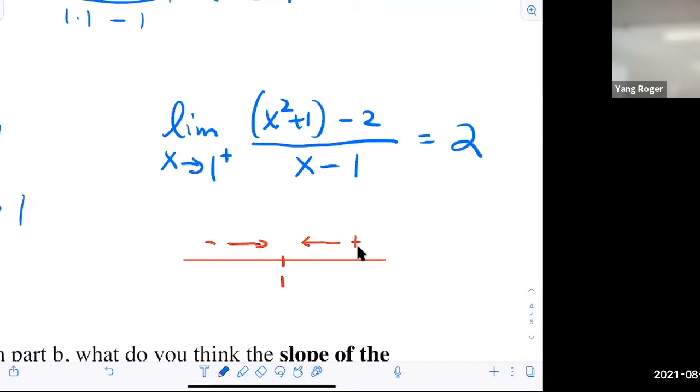You see how these numbers get closer and closer to 1, but they are coming from the right. So can someone clarify things for us by showing us, if I wanted to calculate the limit as x approaches 1 from the negative side of x squared plus 1 minus 2 over x minus 1, what numbers would I want to plug in for the x values?